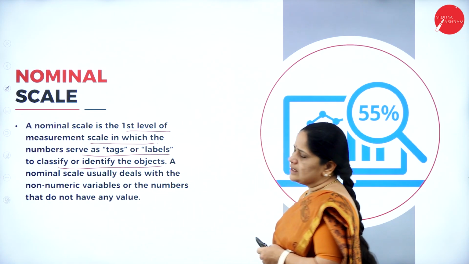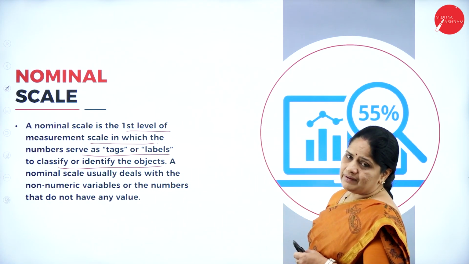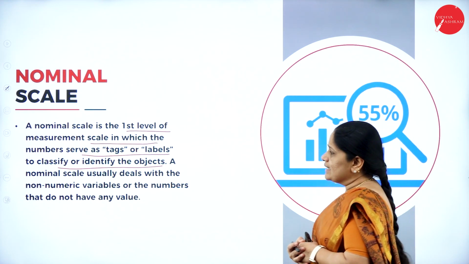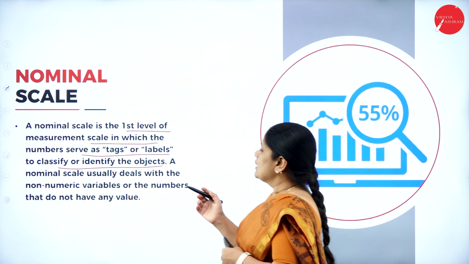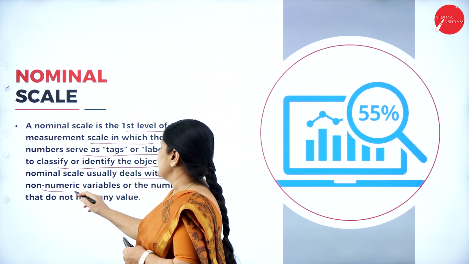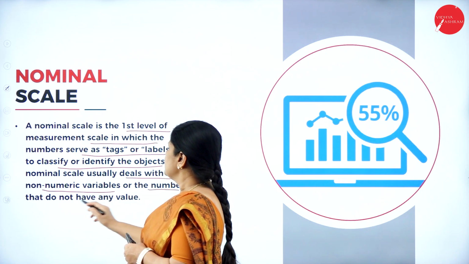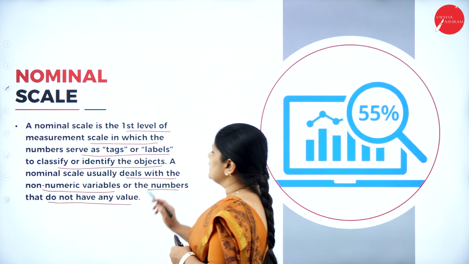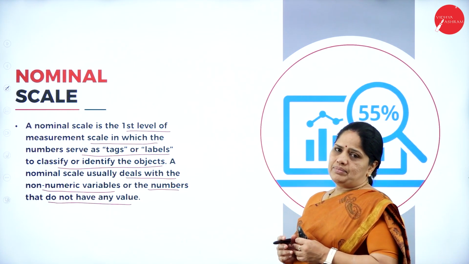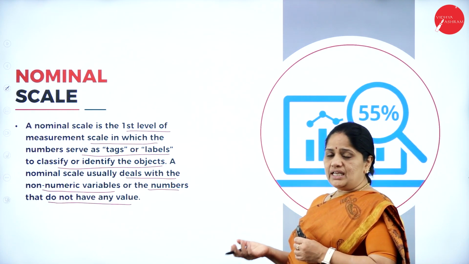So the nominal scale is the first level of measurement, where the numbers serve as tags or labels. A nominal scale usually deals with non-numeric variables or numbers that do not have any value. They just assign the numbers, but the numbers don't have any value.